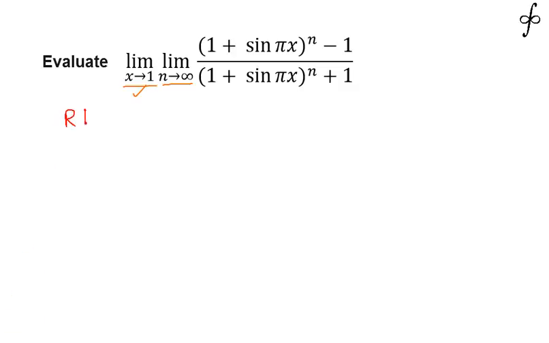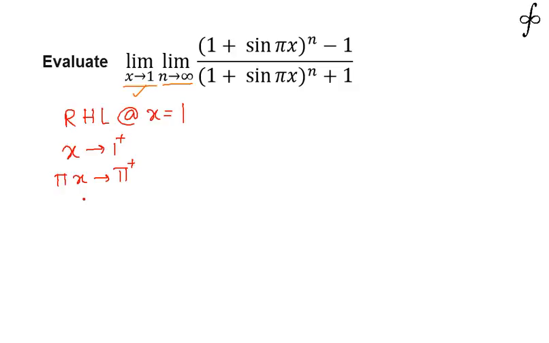So let's plan for the RHL at x equal to 1. Here x is tending to 1 plus, that is, x is tending to 1 from the right side of 1, so x is slightly more than 1. Naturally, pi x will be an angle slightly more than pi, so we can write it as pi plus.